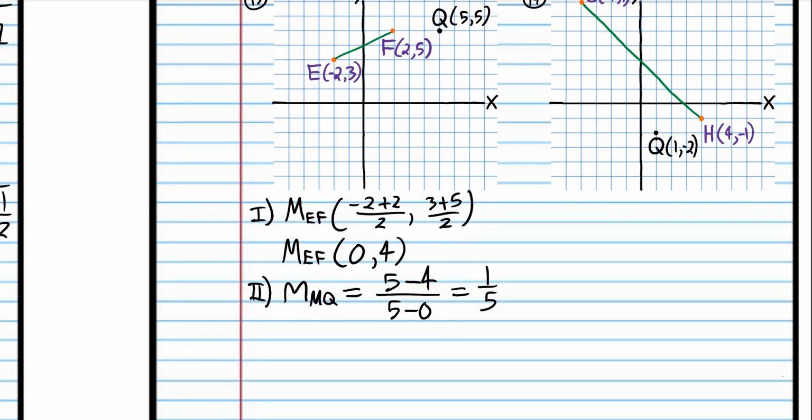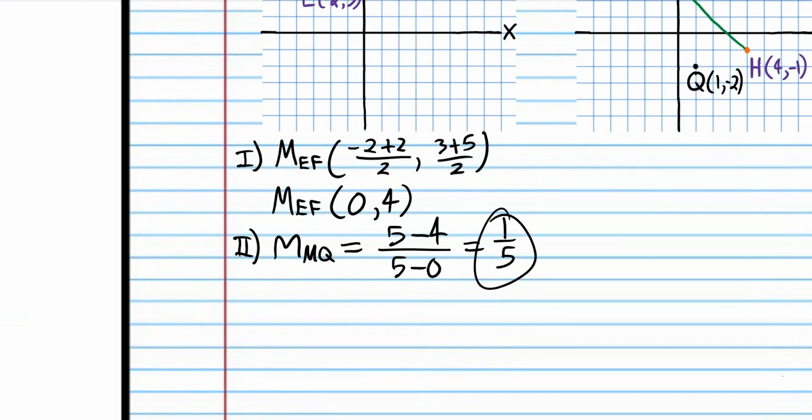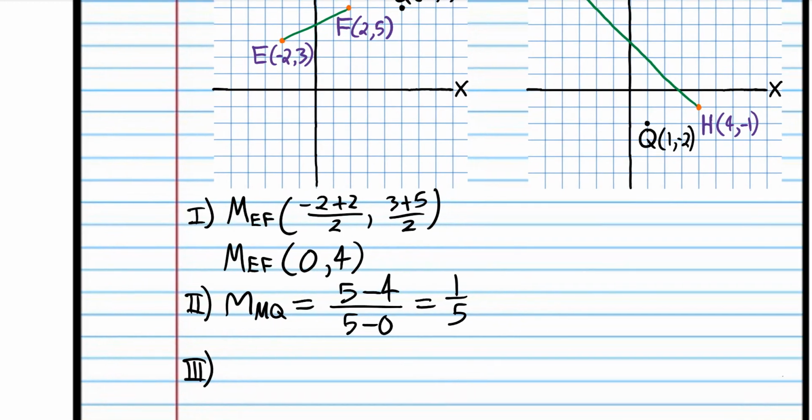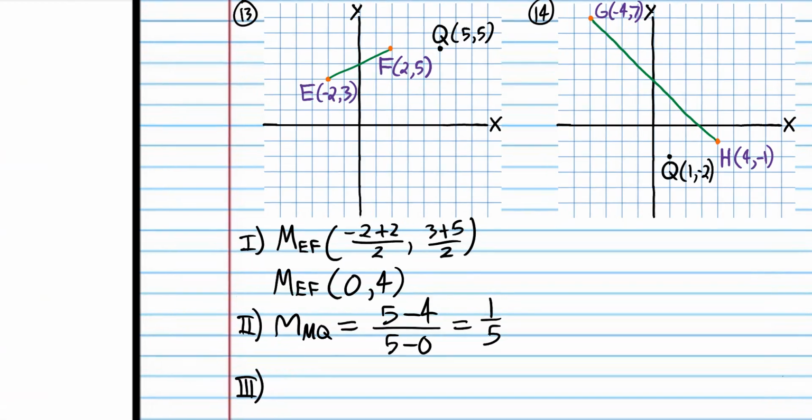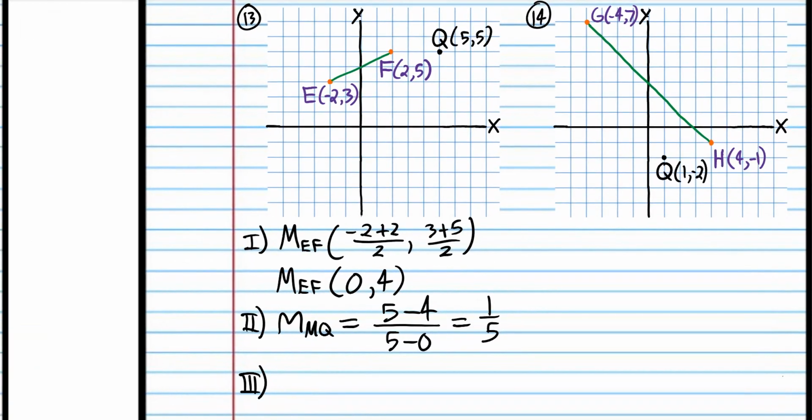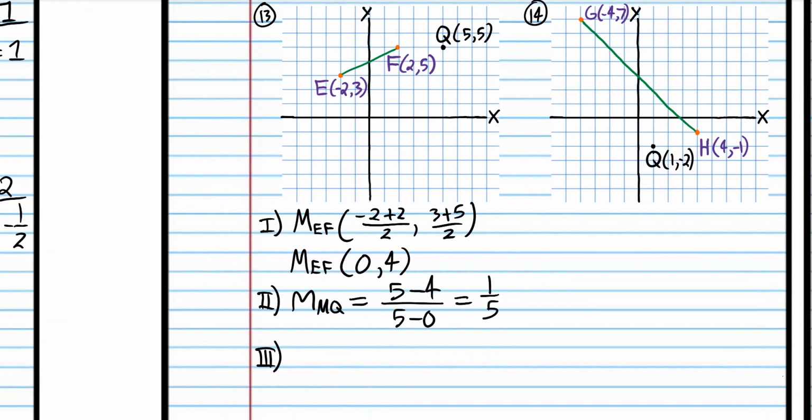Now, please understand, we're not going to be flipping things. We're not going to be flipping that fraction, because we're not looking for opposite reciprocals. We're not doing perpendicular lines right now. So now we have 2 points on the line containing the median, and we have the slope of that line.